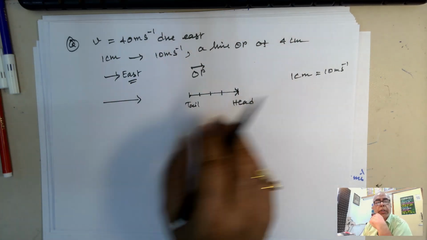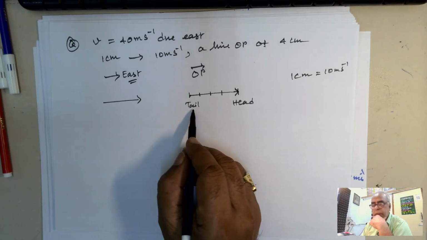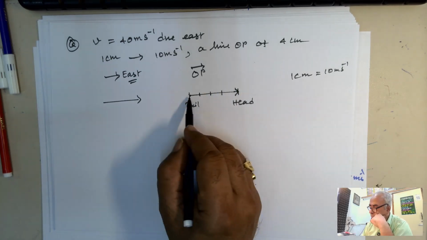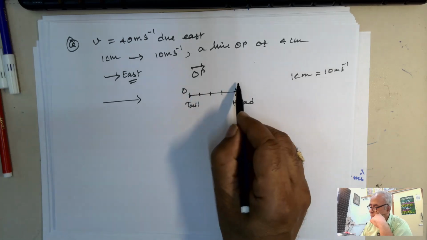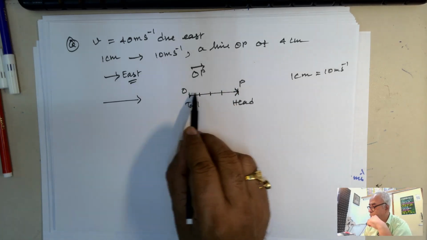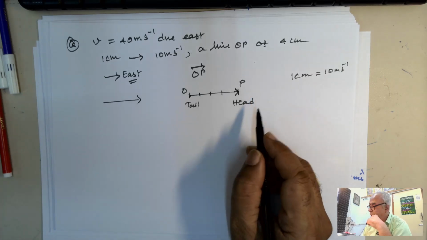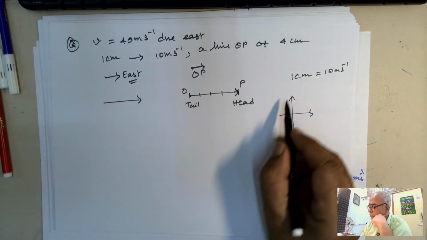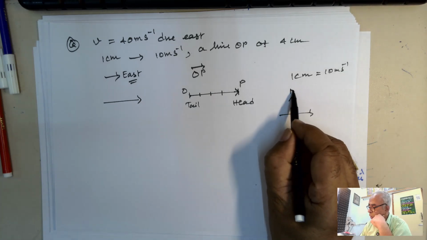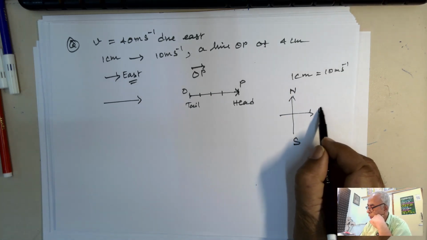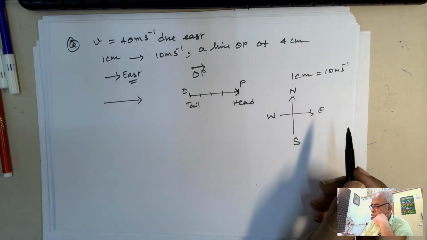Okay. So you have got the tail, it has originated, it has started from this O, and it is now at P. So the direction is O to P. Whenever you indicate the direction, you know the convention. You have at the top north, at the bottom south, on the right side east, and the left side west.